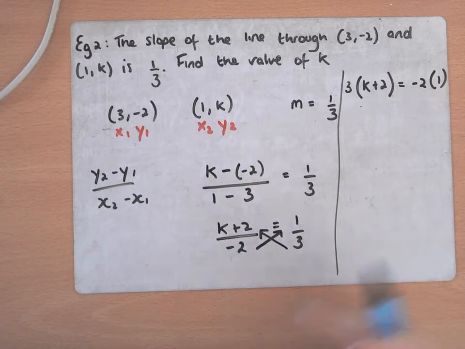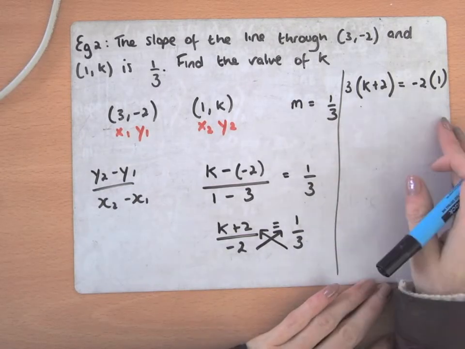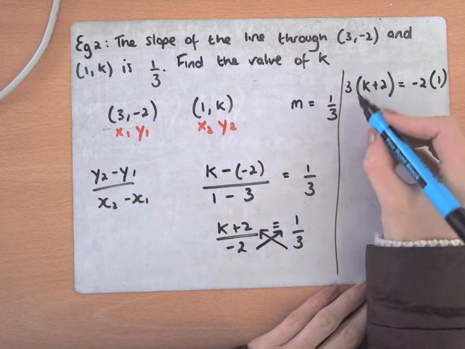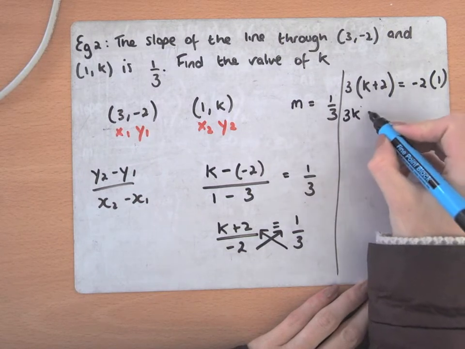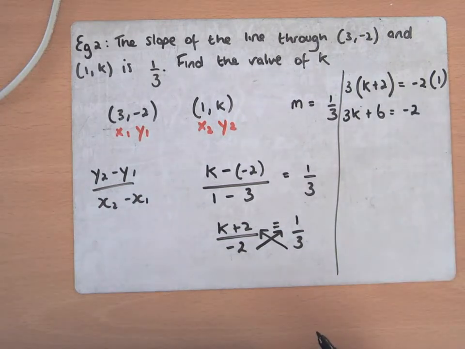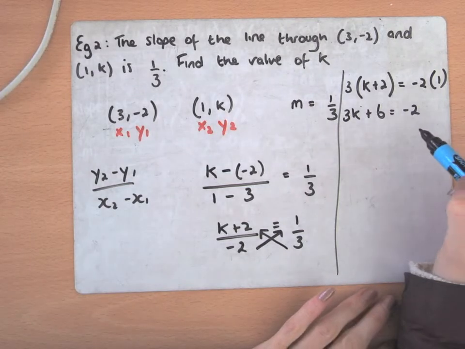Okay, now I just have this lovely equation with no fractions on the bottom. So 3 by k, 3 by 2, and minus 2 by 1. And what do you think happens now? Yeah, letters to one side.